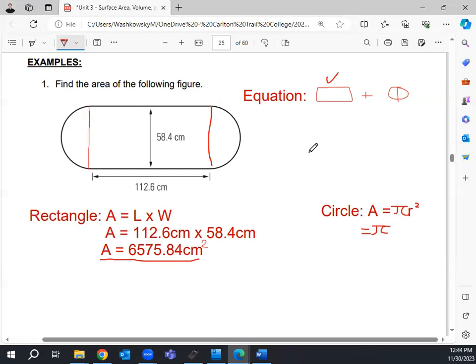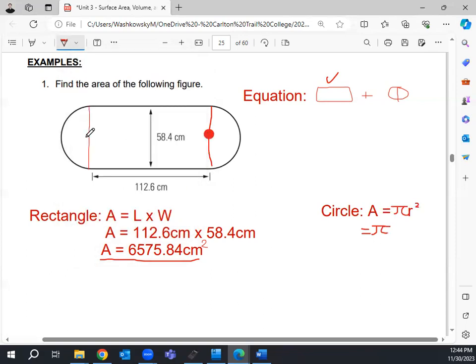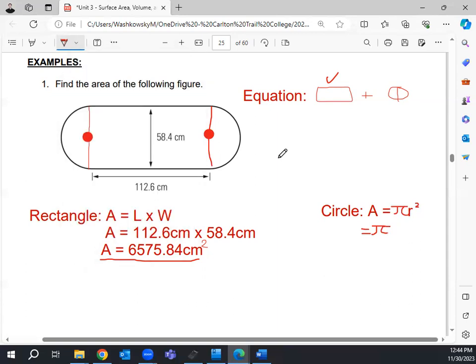What is R? The radius. But it doesn't show me what the radius is here. The radius is supposed to be from the center of a circle all the way to the edge, but it doesn't tell me that. So I have to use what's in this picture as a clue to get that information. How can I figure out what the radius is here?